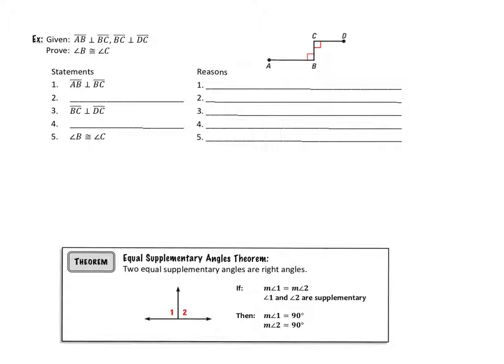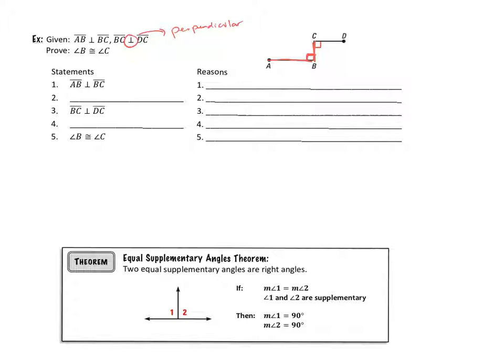So what does that look like to use this in a proof? Well, let's look at our given statements for this. Segment AB is perpendicular, all right, is what that means, perpendicular. And we see that that makes a 90-degree angle. So we could say that perpendicular sides create a right angle, or I can say a right angle is formed by two perpendicular sides.